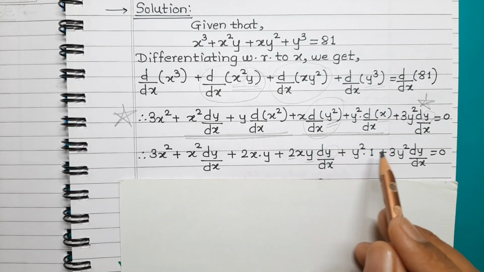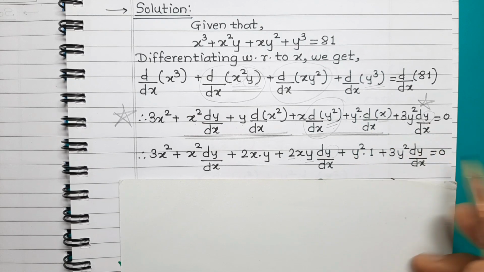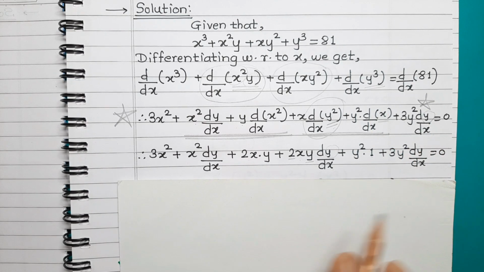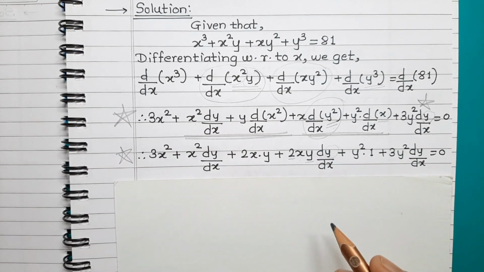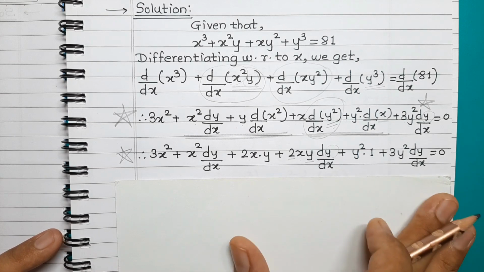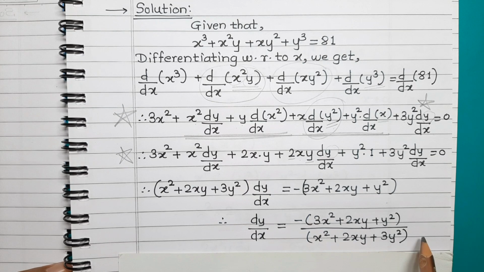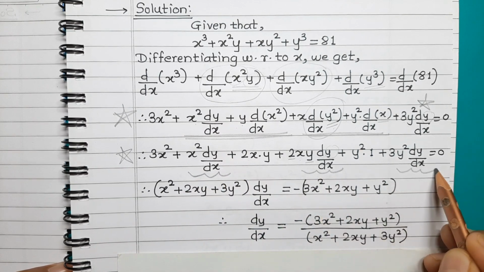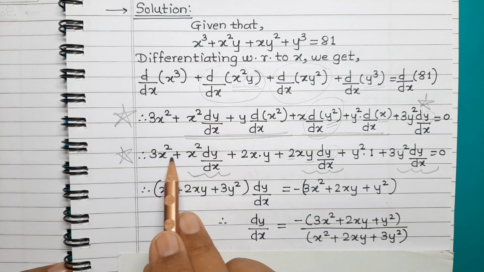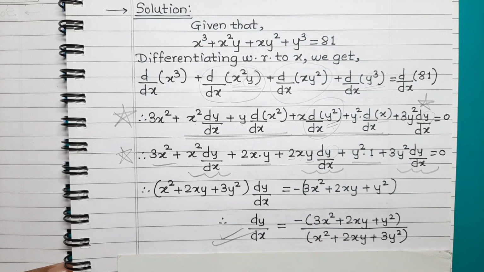So you note here this, then y square, the derivative of x is 1, and this term as it is. Okay, so these two terms are important in the evaluation of derivatives, and the further steps you do on your own and check the answer. Here you have to collect the terms containing dy by dx, shift the other terms to RHS and get dy by dx. Okay, so you complete this solution.